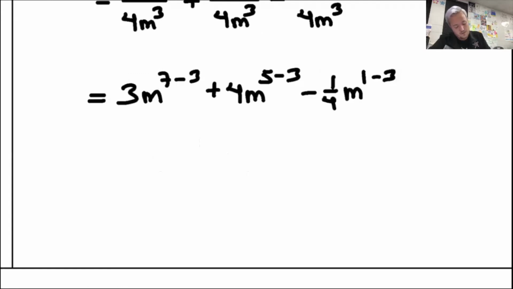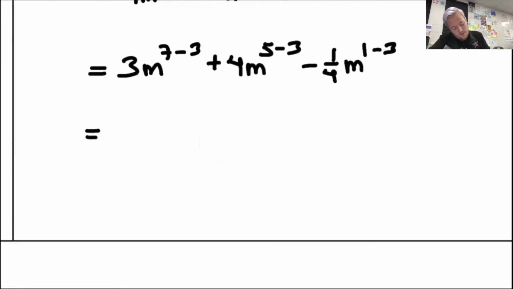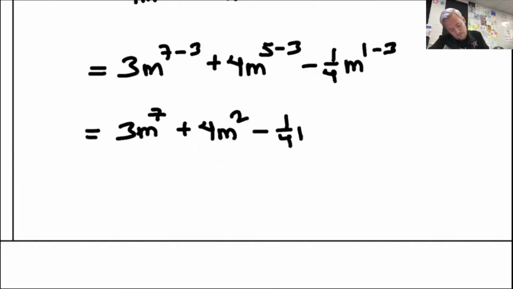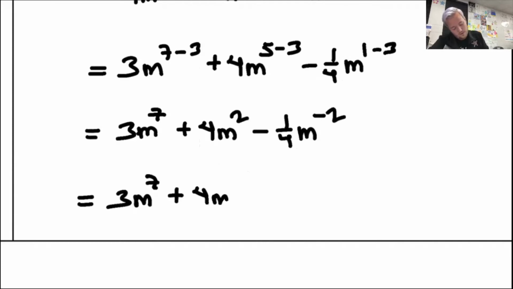All right, so I'm going to simplify. So I have 3m to the 7th plus 4m squared minus 1/4 m to the negative 2, which means I need to get rid of that negative exponent. So 3m to the 7th plus 4m squared minus 1 over 4m squared.